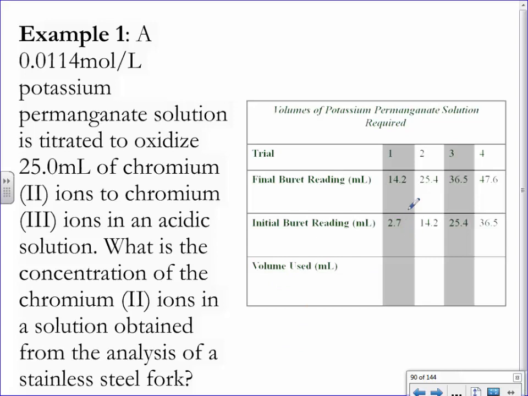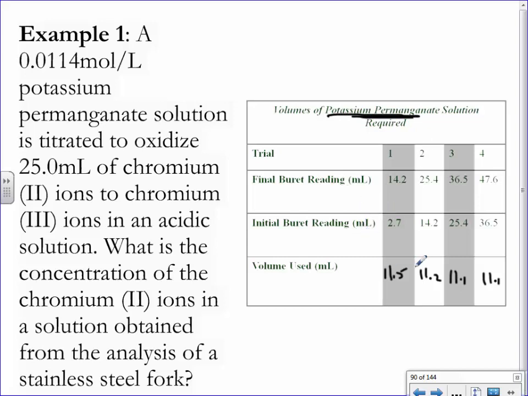So, first thing I'm going to do, I'm going to subtract all these values. 14.2 minus 2.7 gives me 11.5. 11.2. 11.1. 11.1. Step 1. What did I just calculate? Well, I calculated the volume of potassium permanganate.